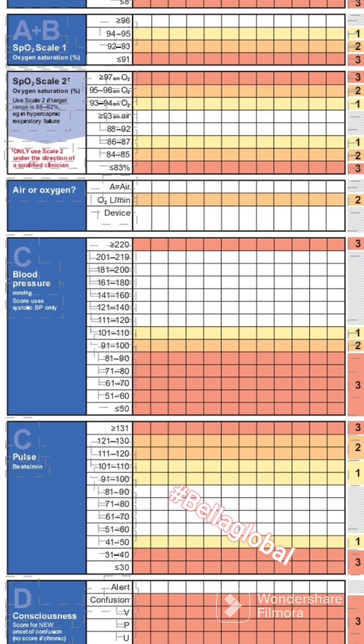Okay? So if there was a blood pressure of, say, 230, it means the systolic has gone above 220. That is a score of 3. Why? Because that is the systolic. Of course, we don't hope to get that as a diastolic anyway.